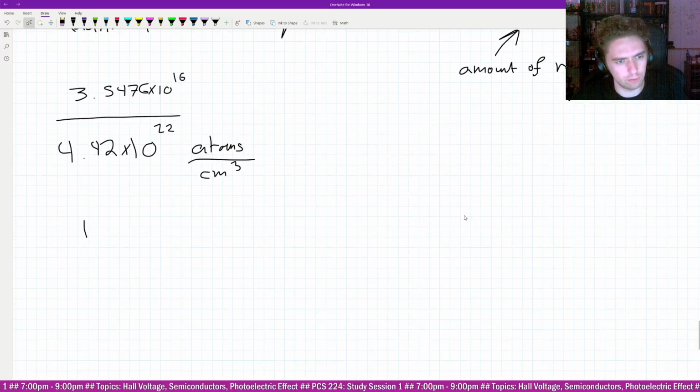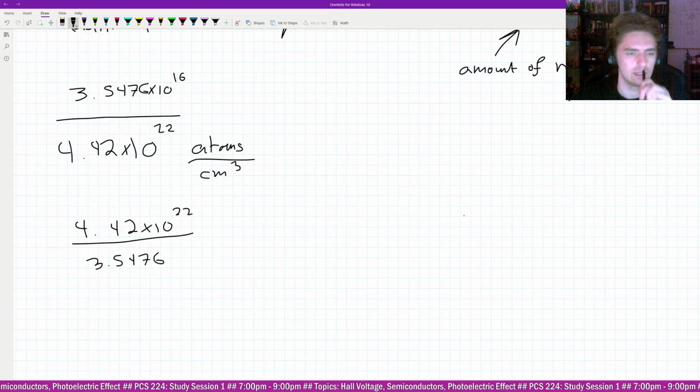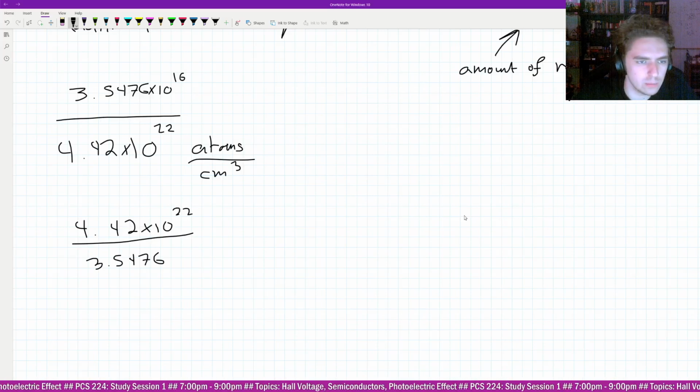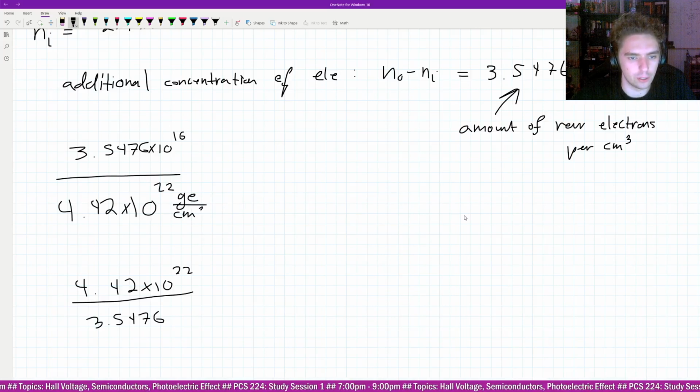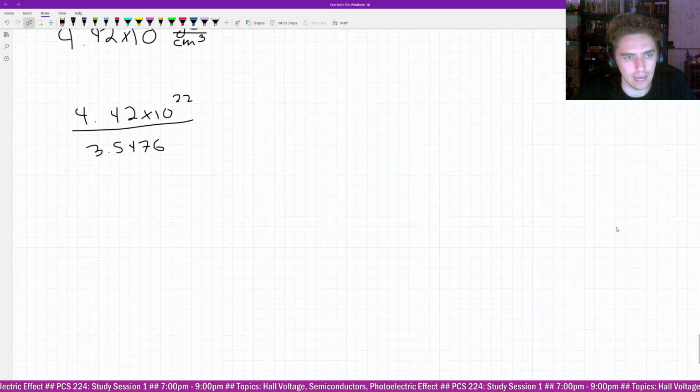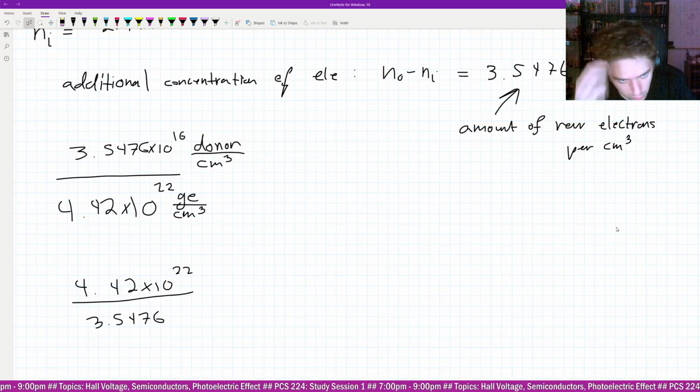It should have been 4.42 times 10 to the 22 over 3.5476. This is the number of germanium atoms per centimeter cubed, and this is donor atoms per centimeter cubed. This would get us donors per germanium.